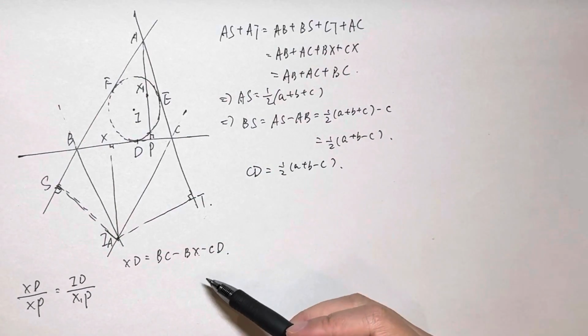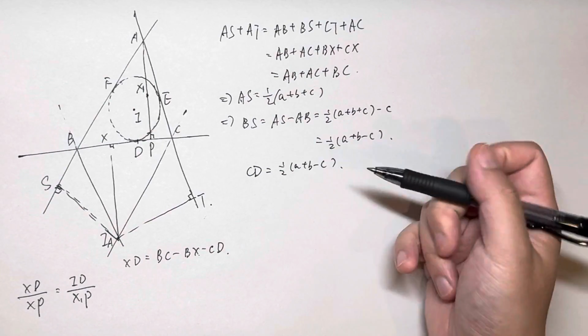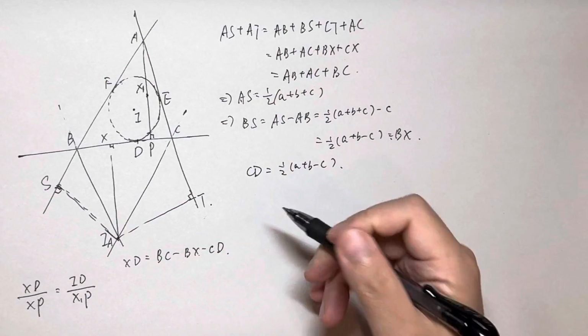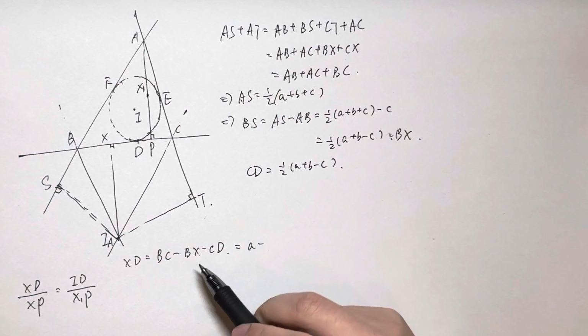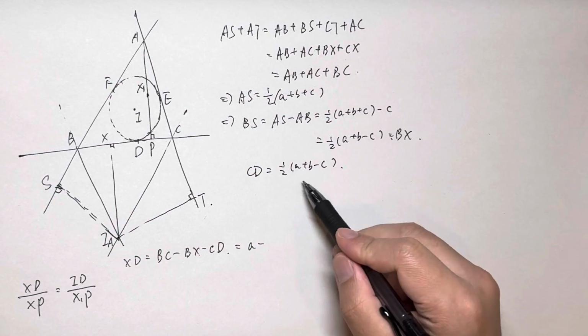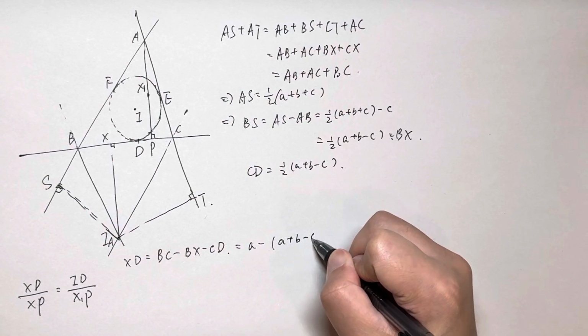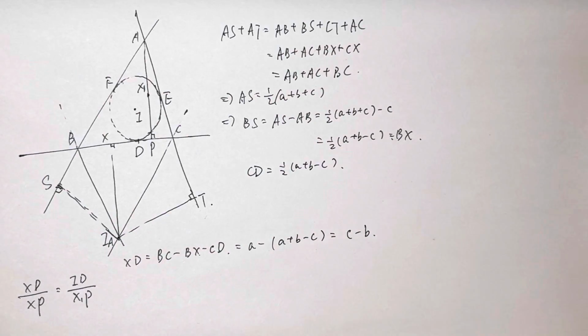So here, this BS equals BX, right? Then here we know that XD can be calculated as a minus twice of this, so a minus (a plus b minus c). So it equals c minus b. That is XD.